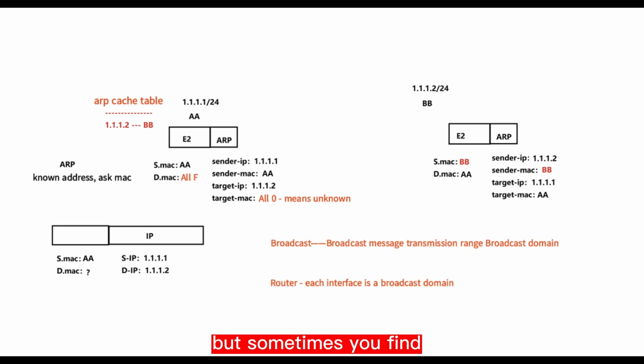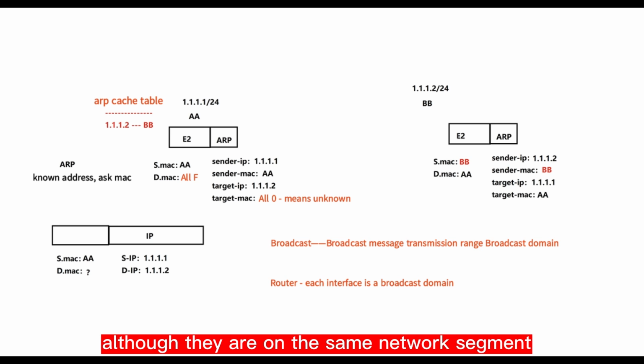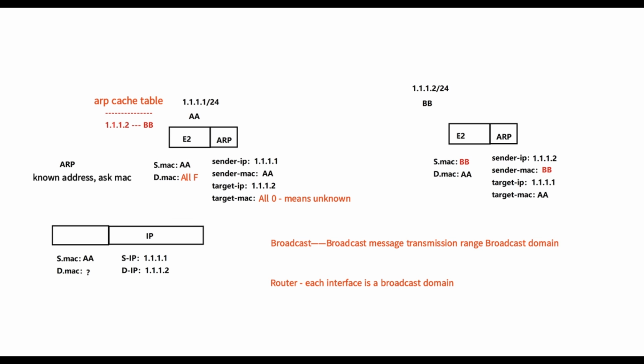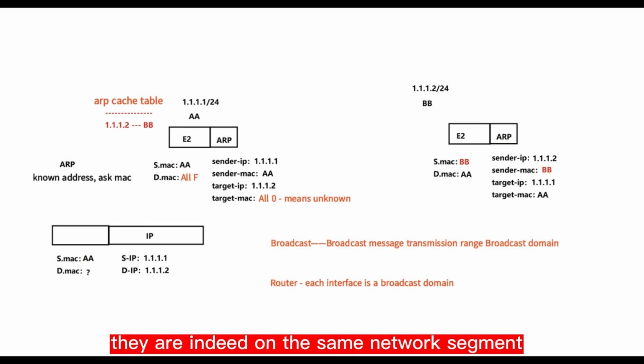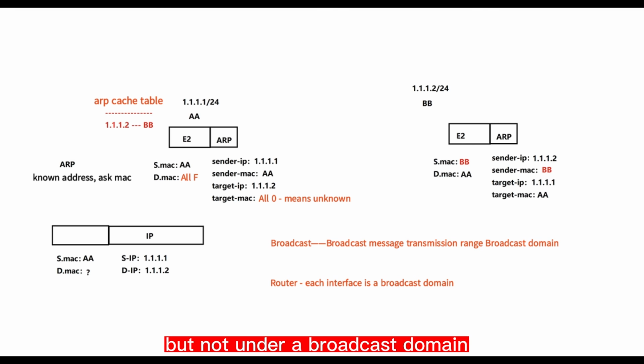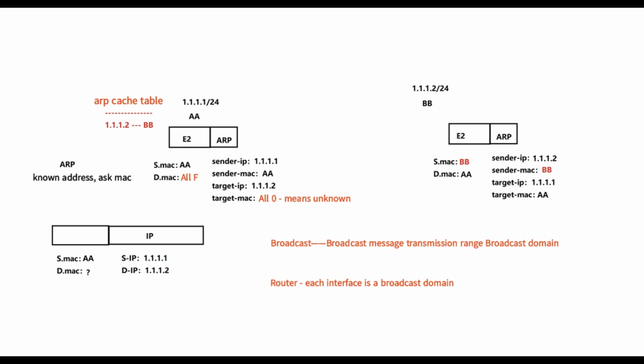But sometimes you find that although they are on the same network segment, a router may be connected in the middle. They are indeed on the same network segment, but not under one broadcast domain. This is a rather special scene. In ARP proxy, it involves whether the middle is the same network segment, and a broadcast domain problem.